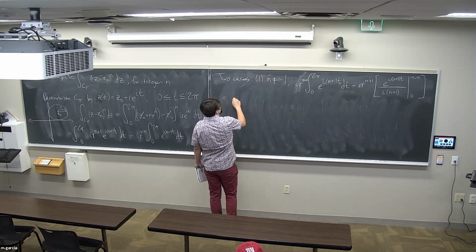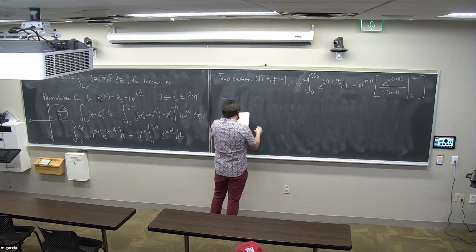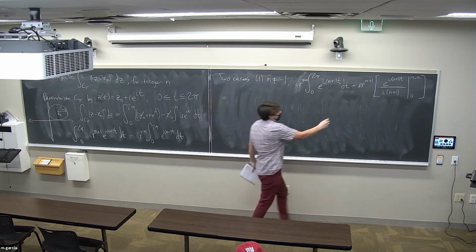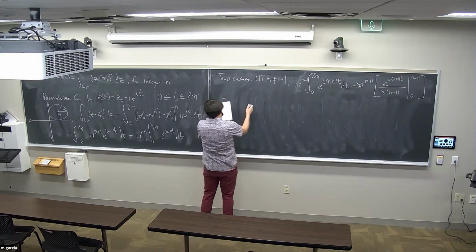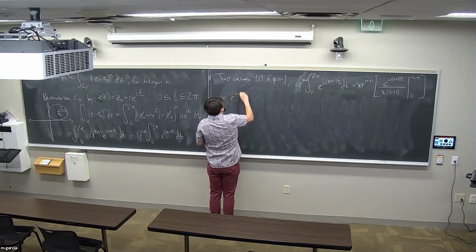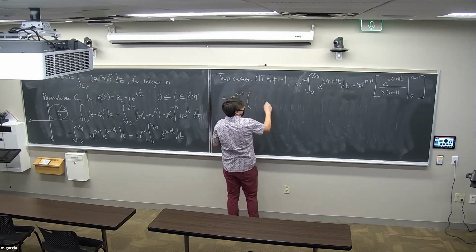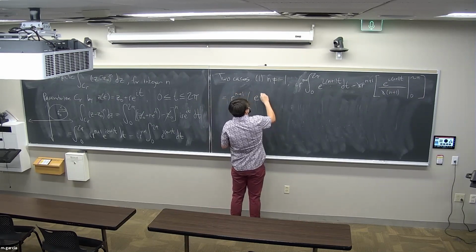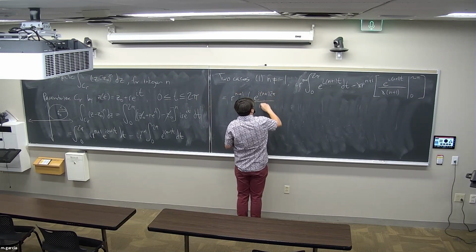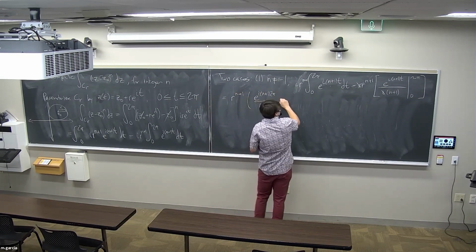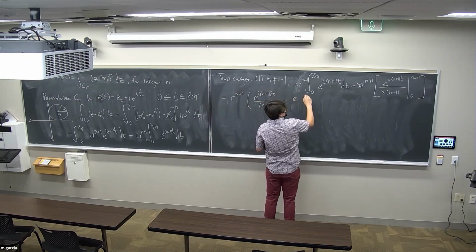Okay, so my i's cancel, right? And what do I get here? r to the n plus 1 times e to the i(n plus 1) 2 pi divided by n plus 1, minus e to the 0 divided by n plus 1.